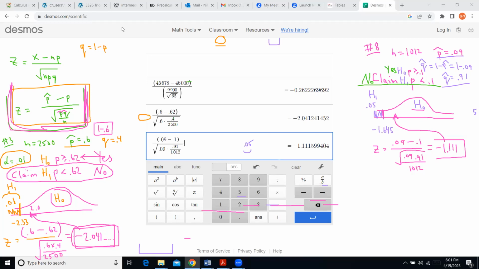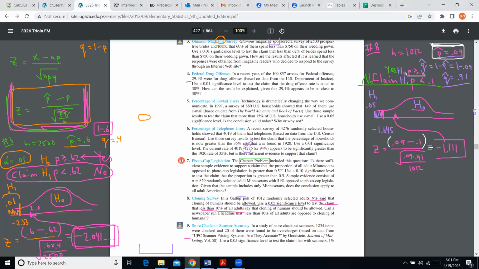So what they claimed is that less than 10% of people are supporting the idea of human cloning, and the answer is no, not less. Does it mean greater? Well, we tested the claim.